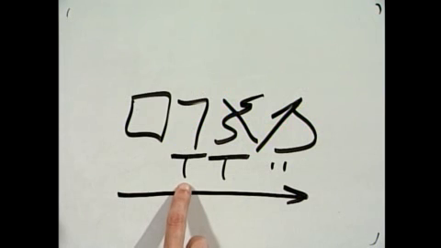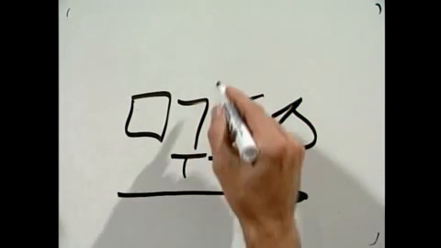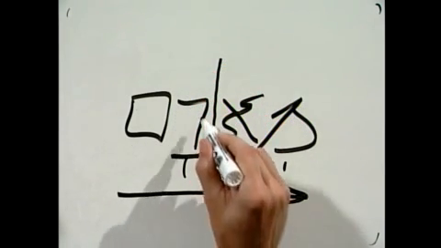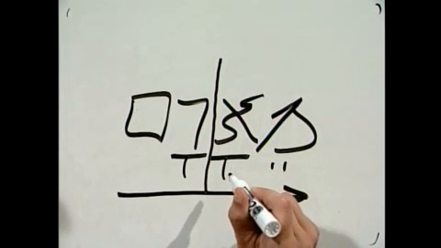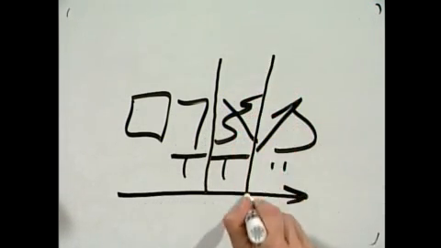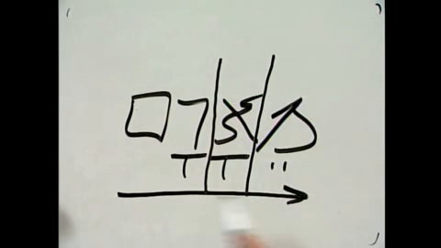So going from left to right, we start with the mem. Then we go down and we take the vowel, and now we take the consonant that goes with the vowel, and that's where we're going to put our first syllable break. Then again we go down here, we find our vowel and the consonant that goes with it, and again we put our break there. And this is syllabifying.